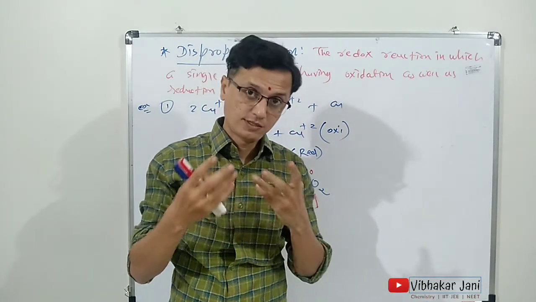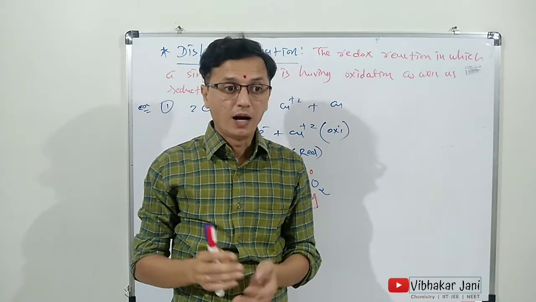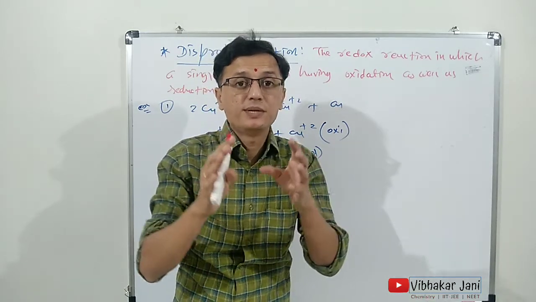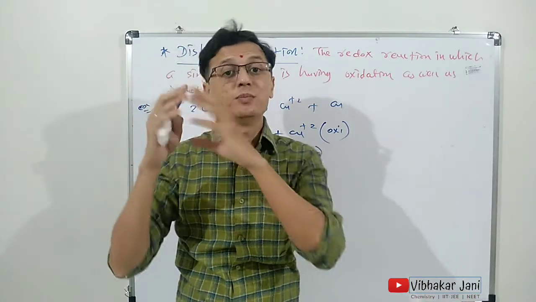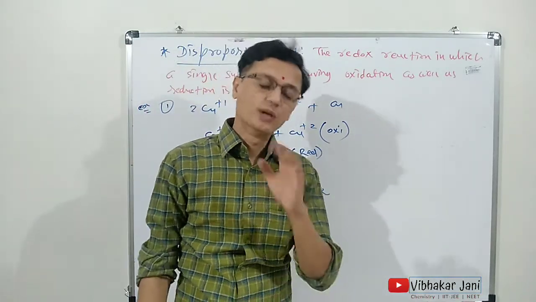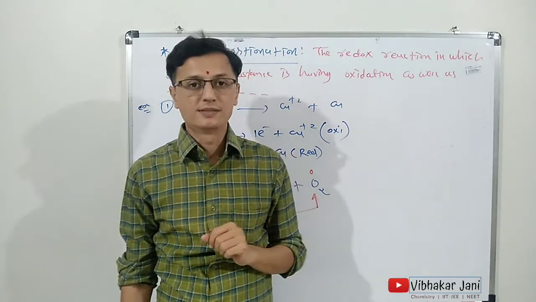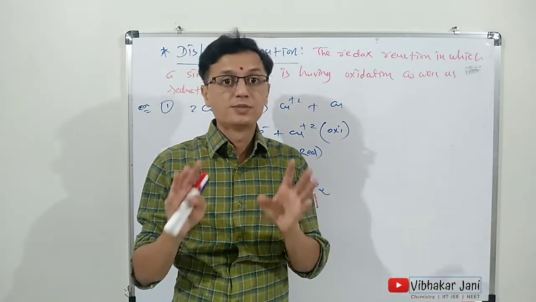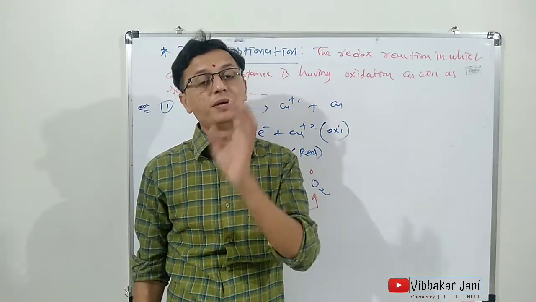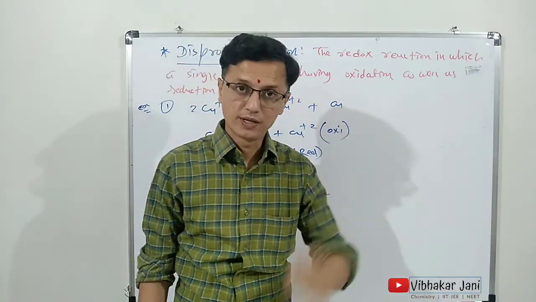So one more question will arise. How can we decide for a species which oxidation number is maximum and which is minimum? You have to remember these kinds of things. In our further studies, there are chapters, namely P block element and D and F block element.